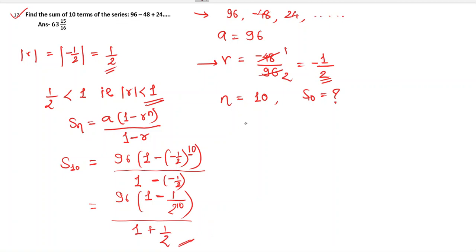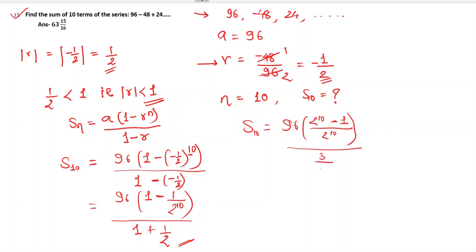Right? So sum of 10 terms is equal to 96 bracket. You can take LCM here. So it will become 2 raised to 10 minus 1 the whole upon 2 raised to 10. Correct? The whole upon 1 plus 1 by 2. What is 1 plus 1 by 2?